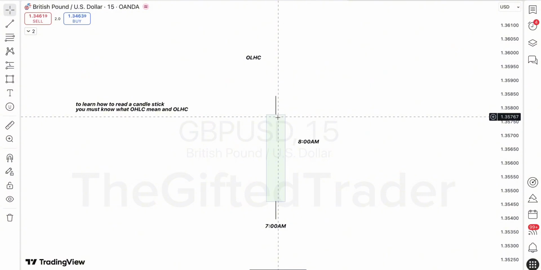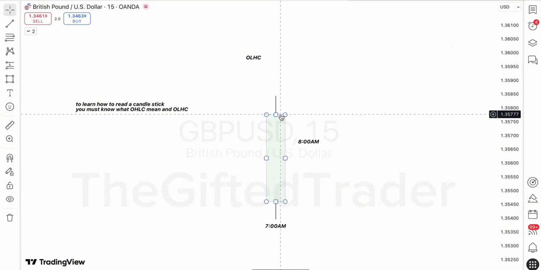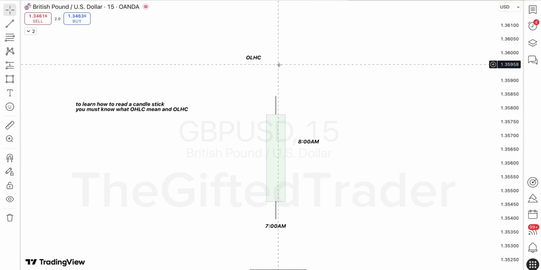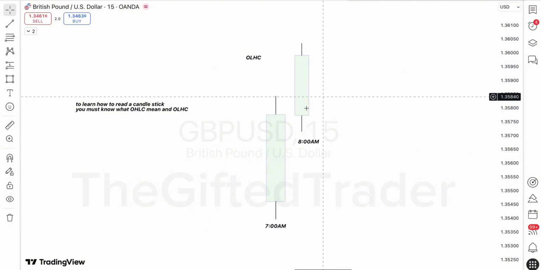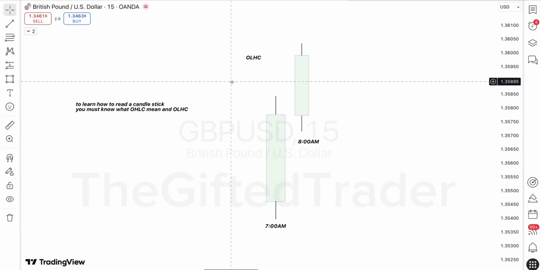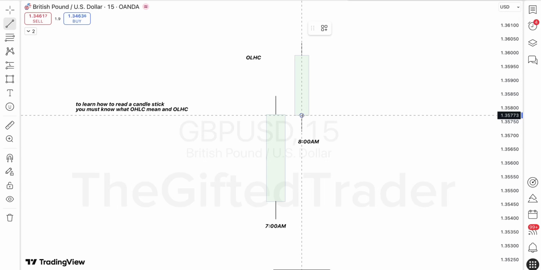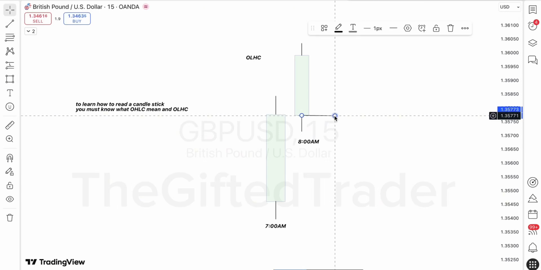So price is about to close. Let's say the time was now 7:59, and you know the next candlestick is going to come up, right? When the candlestick comes up, here is where it's going to come up. Here is known as the open.